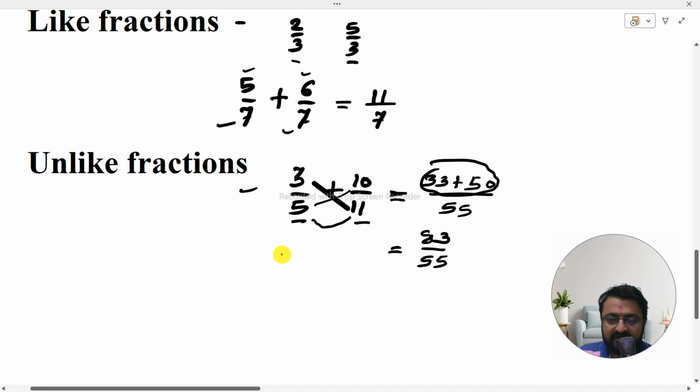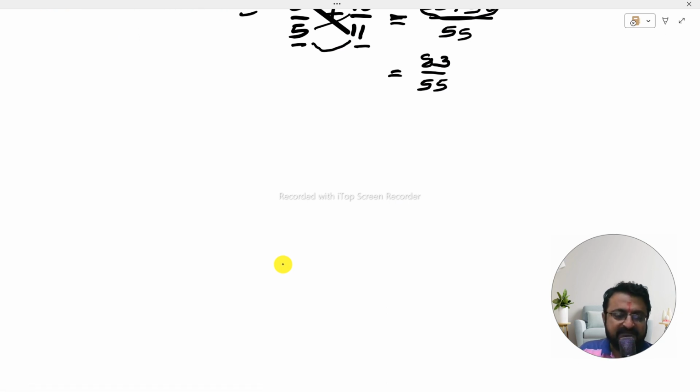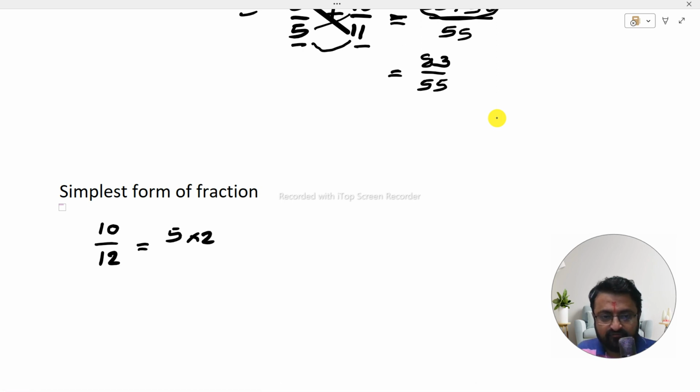Now, I will explain one more important thing regarding your fraction chapter, and that is called simplest form. Now you can see on the screen, I wrote here 10 upon 12. So guys, first of all, you know the factors. I can write 10 like this, 5 2s are 10, and here I can write 6 2s are 12.